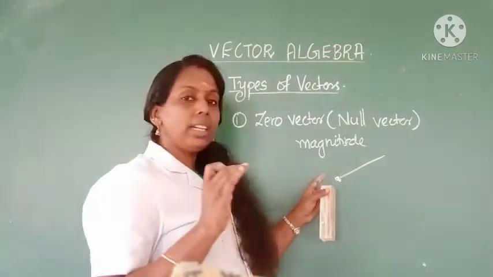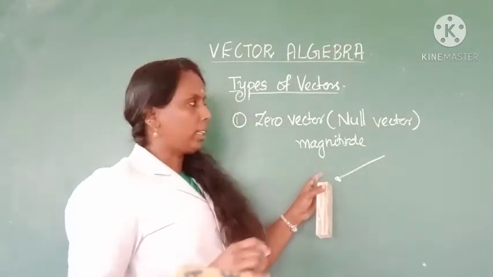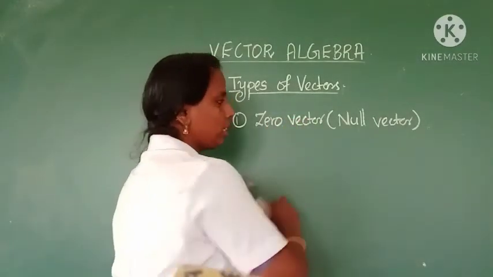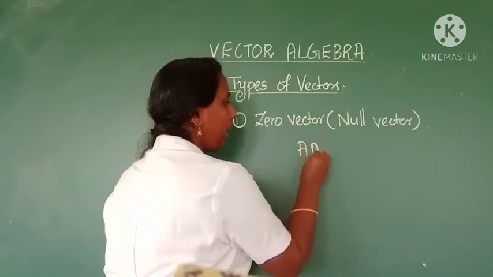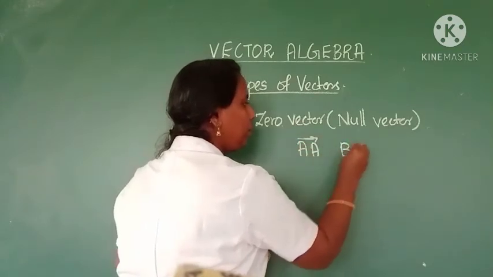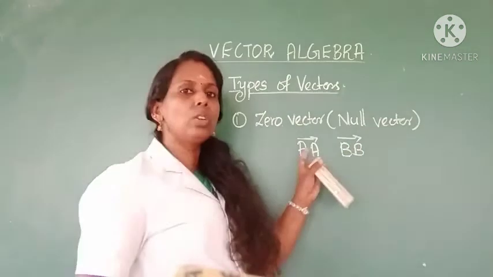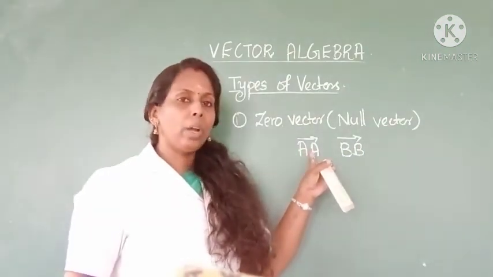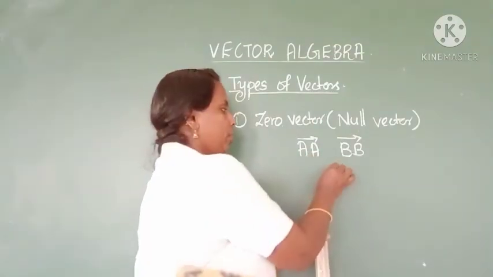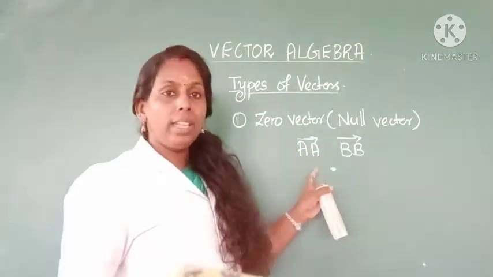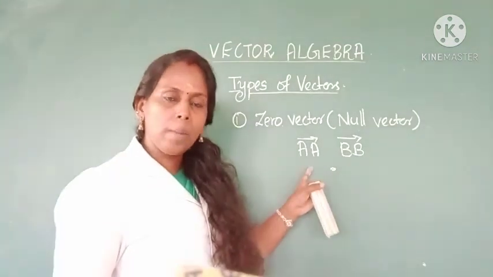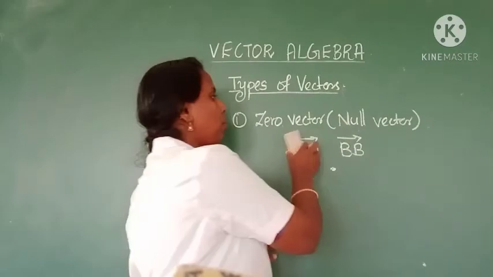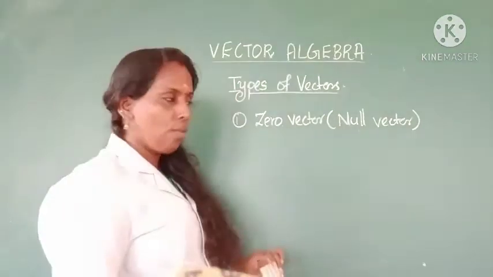In that case there is no magnitude, no length, and therefore such vectors are known as zero vectors. Just like vector AA, vector BB, all these are zero vectors because the initial and terminal points are the same point, just like a point. There is no measurement.